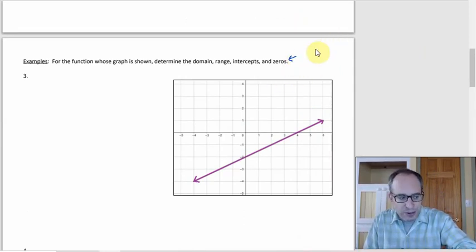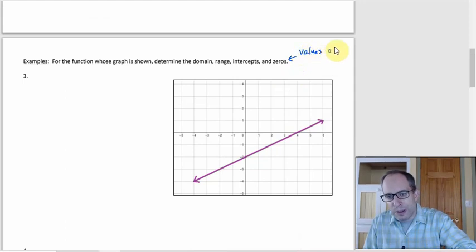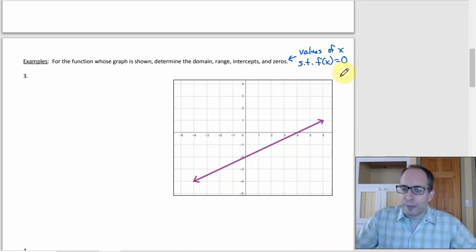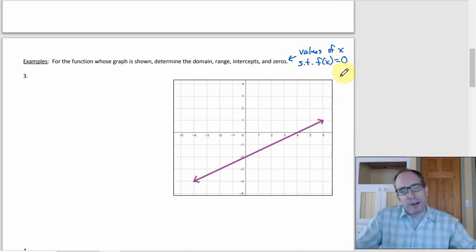So what the zeros are, those are the values of x such that f of x equals 0. So they're the x-intercepts. Well, I guess they're the x-coordinates of the x-intercepts because, in theory, you're supposed to write out the x and y-intercepts as ordered pairs, like their actual points.